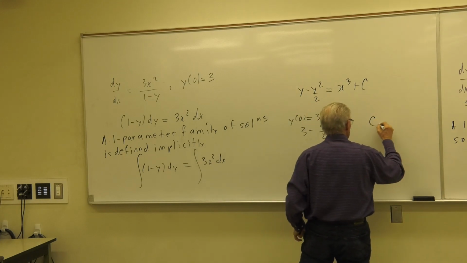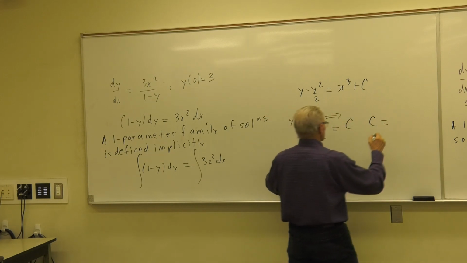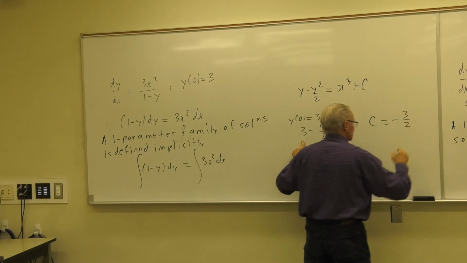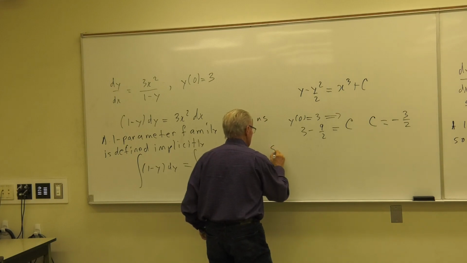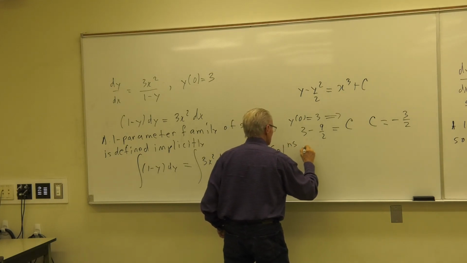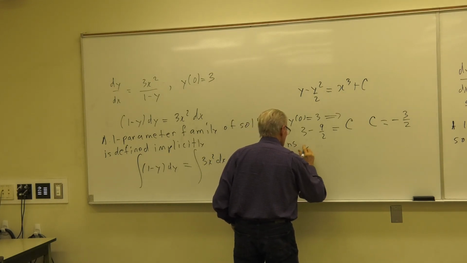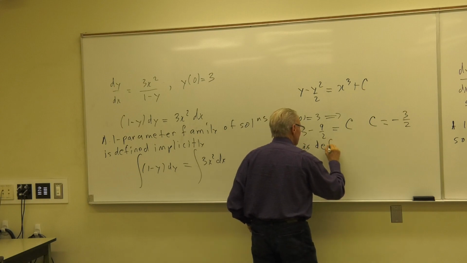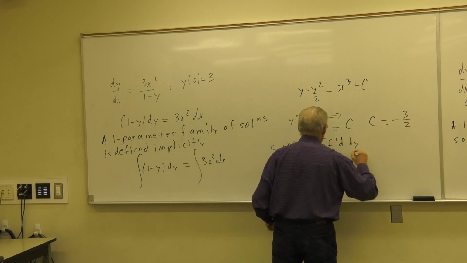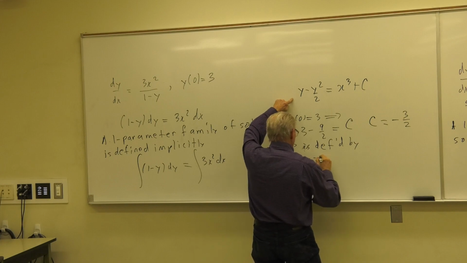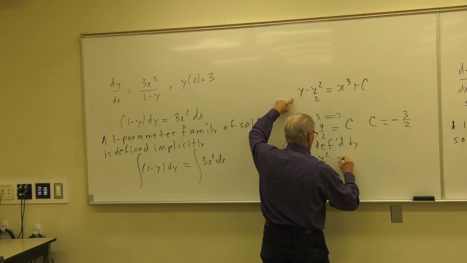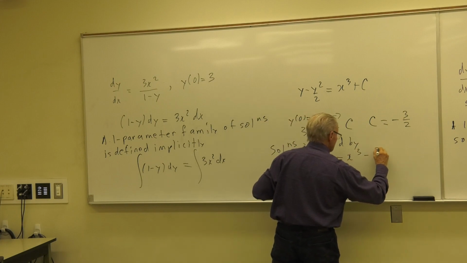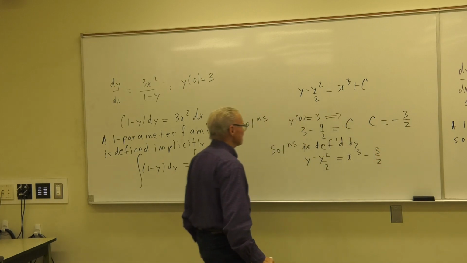So c then is equal to minus 3 halves. So a solution is defined by putting then y minus y squared over 2 is equal to x cubed minus 3 halves.